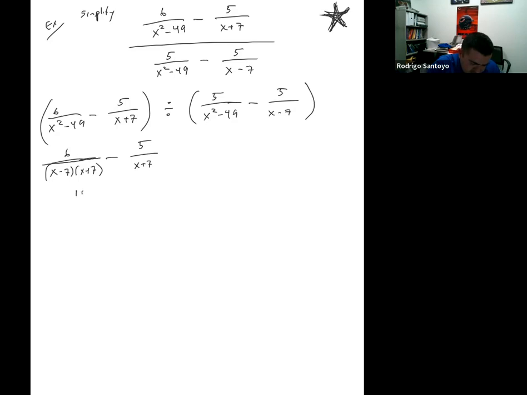Notice that the LCD here is just x minus 7, x plus 7. Therefore, you should notice that this 5 is going to be multiplied to x minus 7.